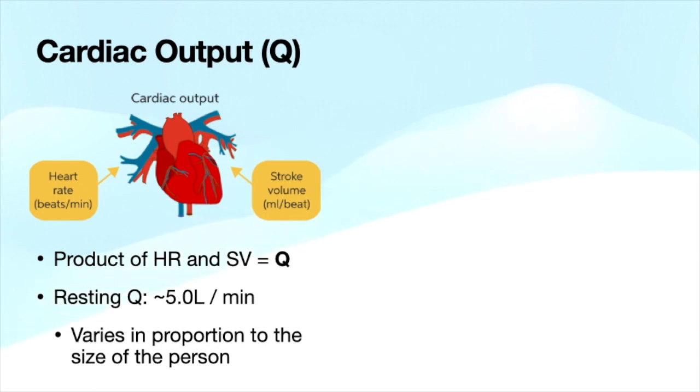Right, so if you're smaller, cardiac output will also be lower, so lower than 5 liters per minute. And if you're a bigger person, this volume will increase.